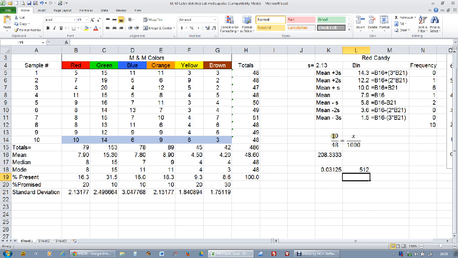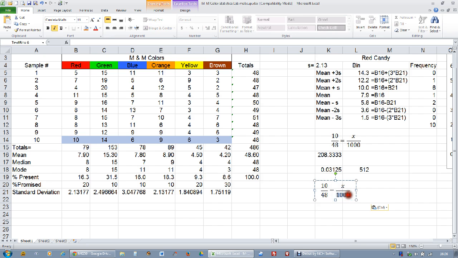Once again, we have 10 out of 48 are red, and this time instead of 1,000 we're going to do 512.